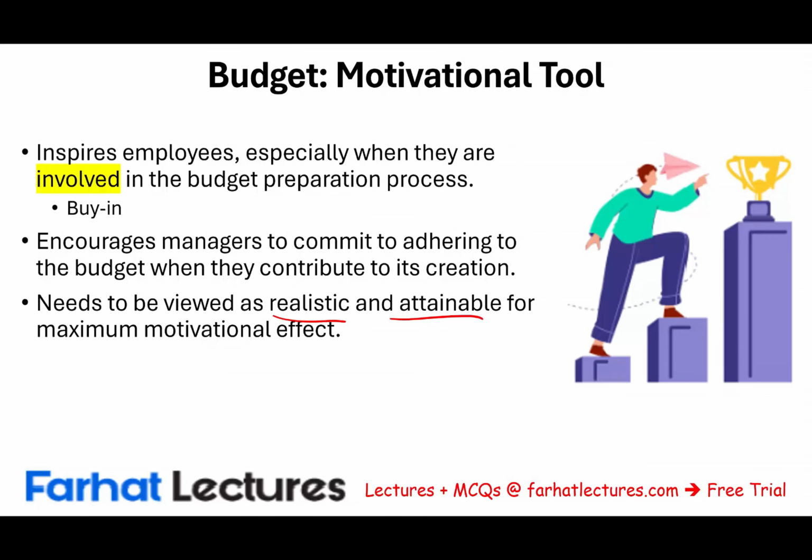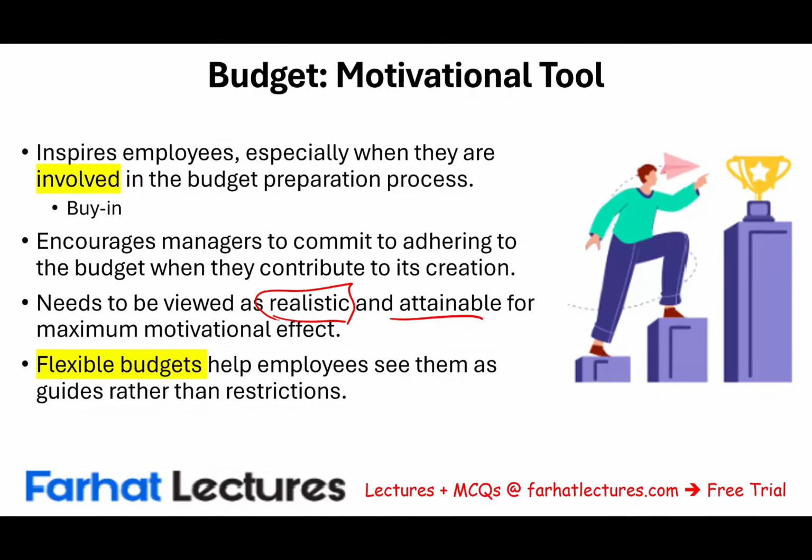So you cannot create a budget that's unattainable. Basically, it's going to demoralize, because if you cannot attain the results, managers will be demoralized, and you don't want to make the budget too easy to be attained. So it has to be realistic and attainable. It's a balance. Now, bear in mind, companies will prepare more than one budget, and we'll talk about that later.